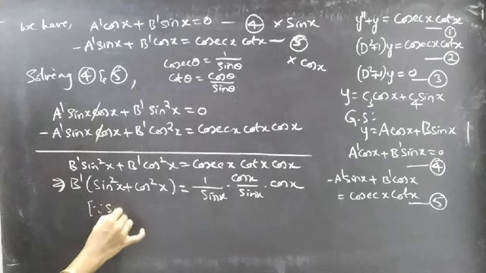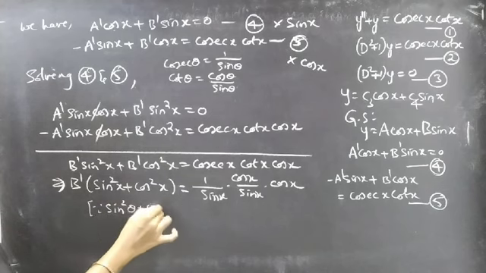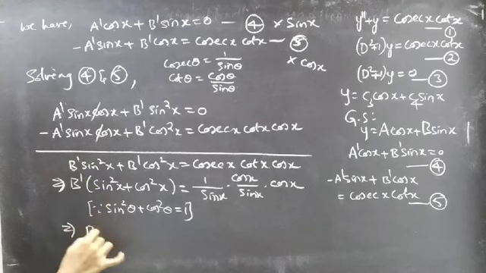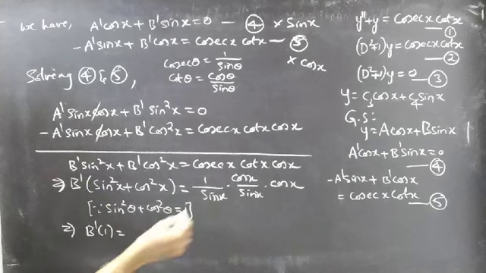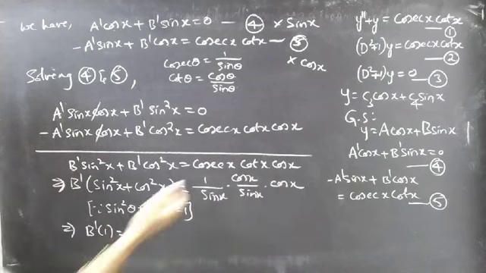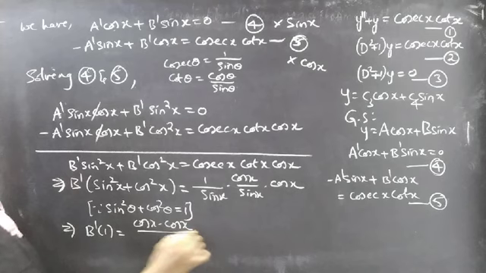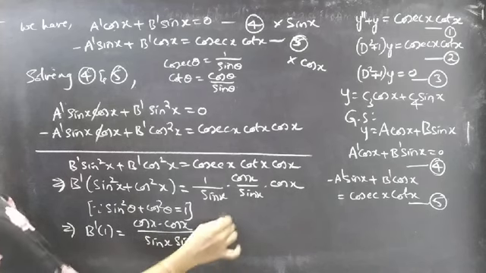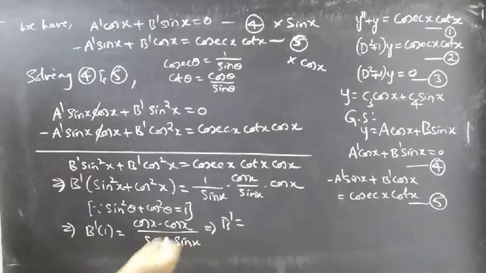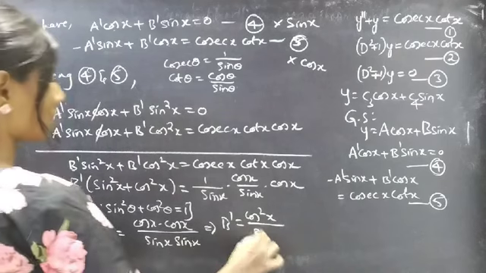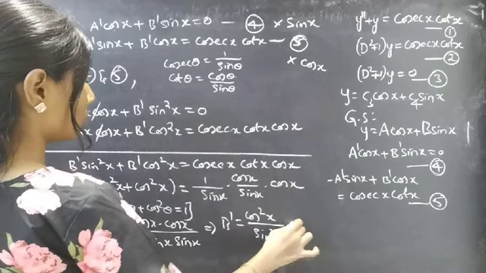Since we know that sin square theta plus cos square theta equals 1, the above equation becomes b dash into 1 equals cos x into cos x by sin x into sin x. From this we'll get b dash equals cos square x by sin square x, right?